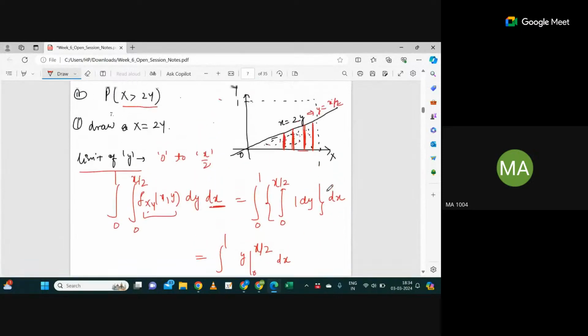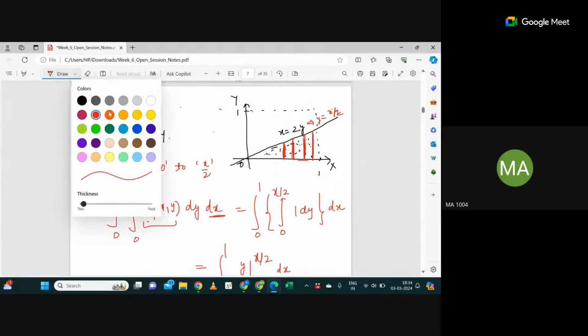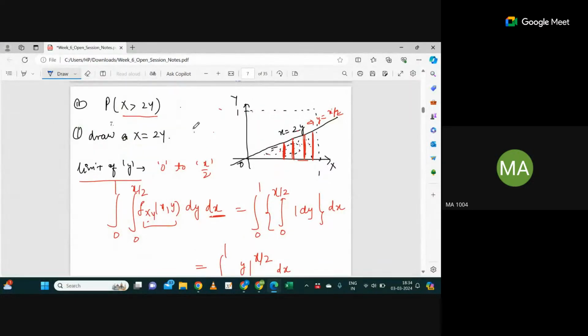Okay. Let's do it the other way. Suppose I'm interested to first find the limit of x. If you want to find the limit of x, then what do I have to do? I have to draw a parallel line to the x-axis, right? Tell me, what will be the limit of y here?